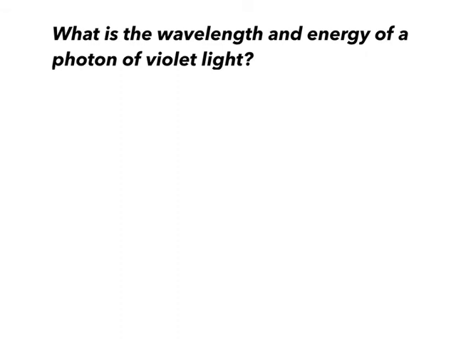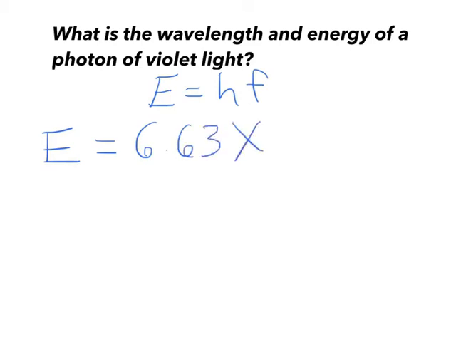Now, to find out the energy of a photon of violet light, I'm going to use the formula that I just learned for calculating the energy of photons. And that formula is E equals h times f, where h is called Planck's constant. So E will equal Planck's constant, which I look up on the reference tables right on the front page, 6.63 times 10 to the negative 34 joule seconds.